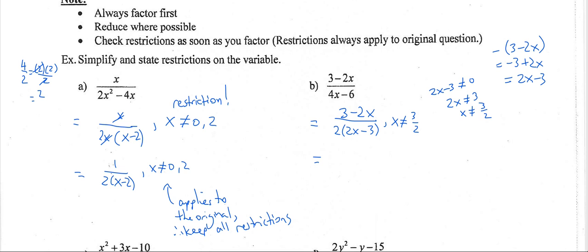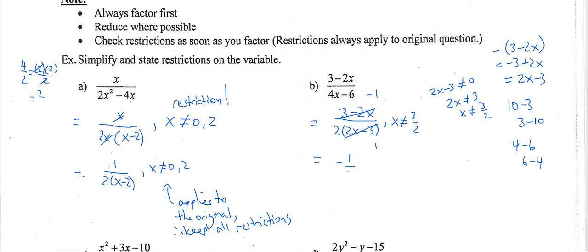Anytime you have a difference and you switch the order, the answers are going to be negative 1 times each other. For example, 10 minus 3 and 3 minus 10: this is 7 and this is negative 7. They're negative 1 times each other. 4 minus 6 and 6 minus 4 are negative 1 times each other. Same thing with the algebra. So this bracket and this bracket will actually reduce to become negative 1 over 1.